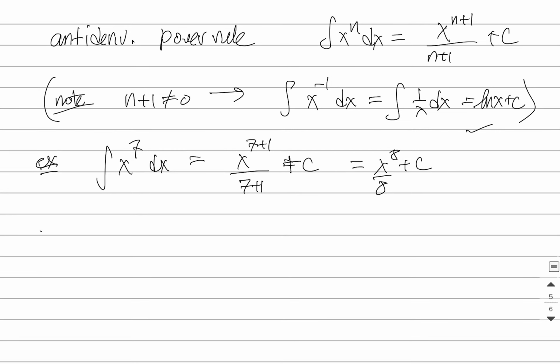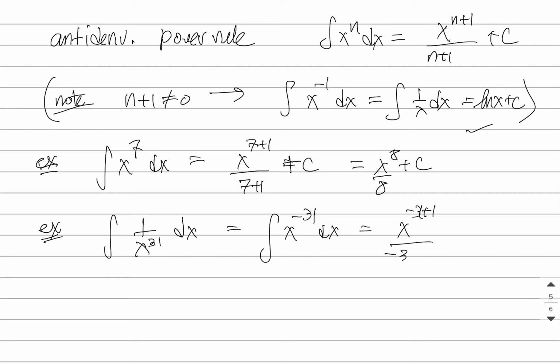It doesn't matter how weird this thing looks. If I go x to the minus 31 dx, I just remember to add: x to the minus 31 plus 1 over negative 31 plus 1, plus a constant, x to the minus 30 over negative 30 plus c.